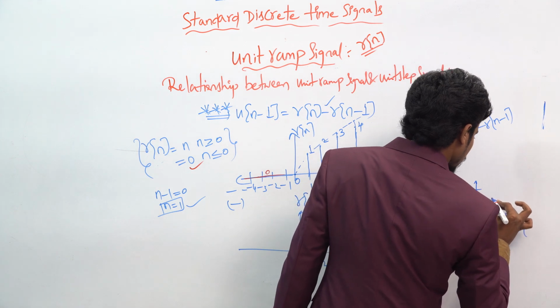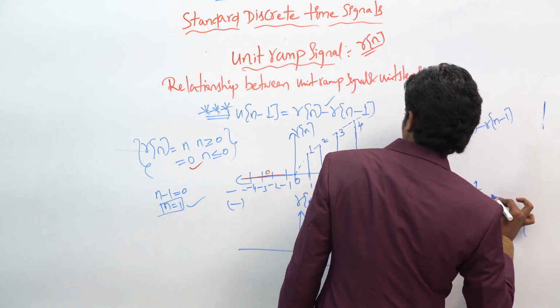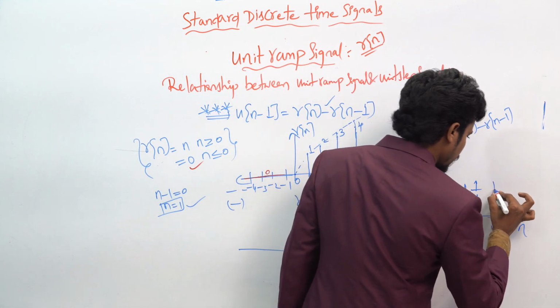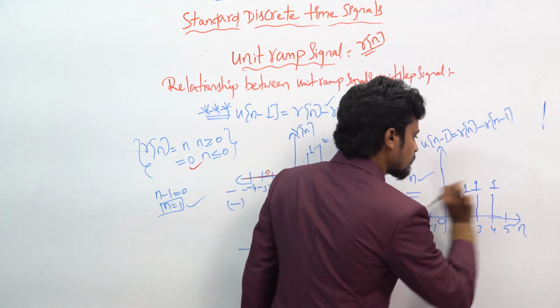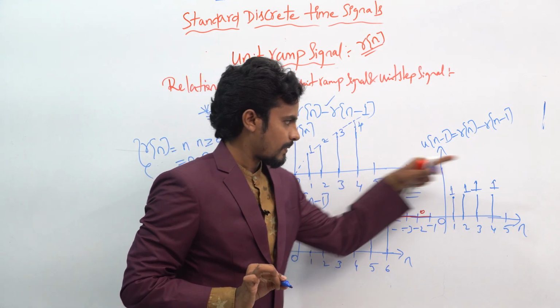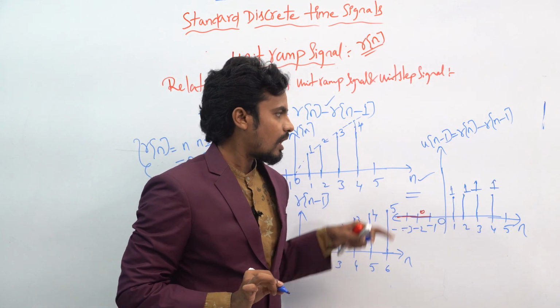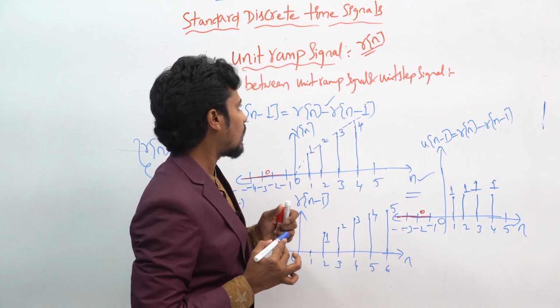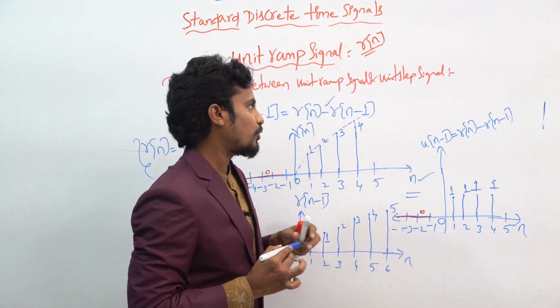And next 4 minus 3, you will get 1. So here you can observe this is a unit step function, a constant 1. So this is the relationship between the unit ramp signal and the unit step signal.